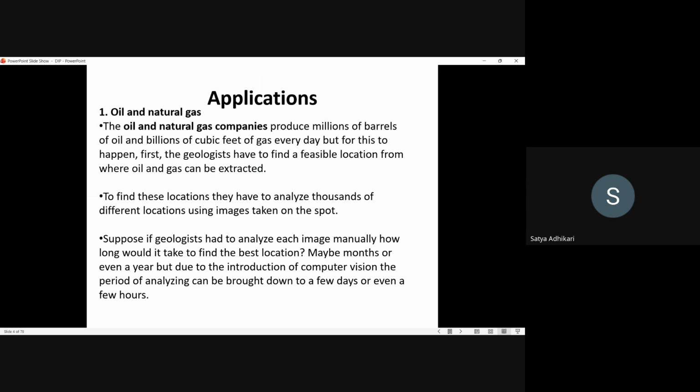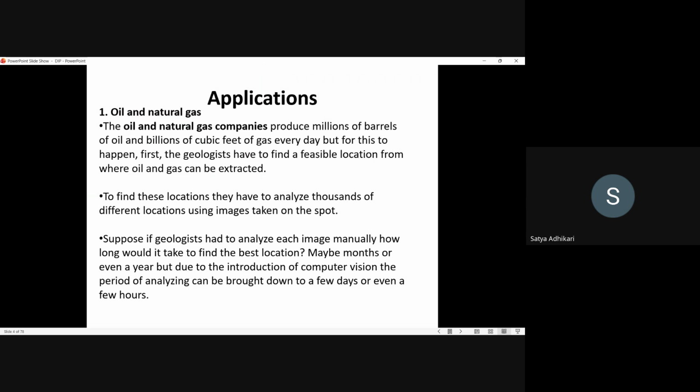To find this location, they have to analyze thousands of different locations using images taken on that spot.